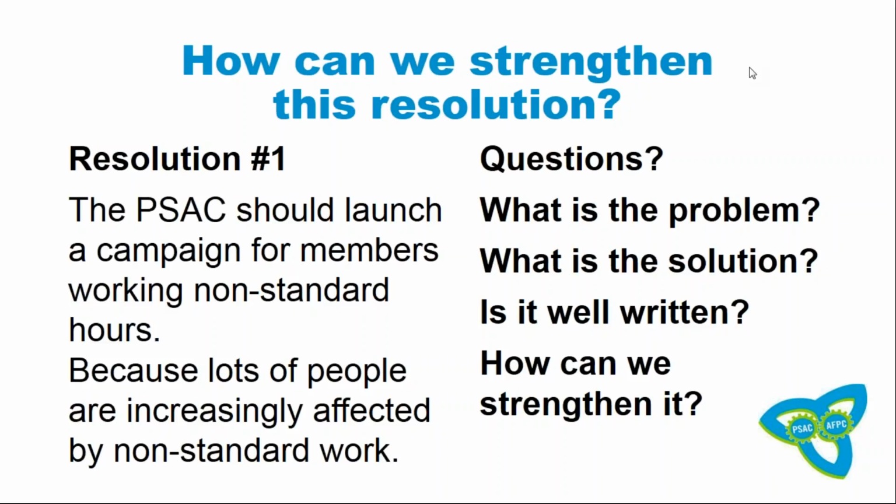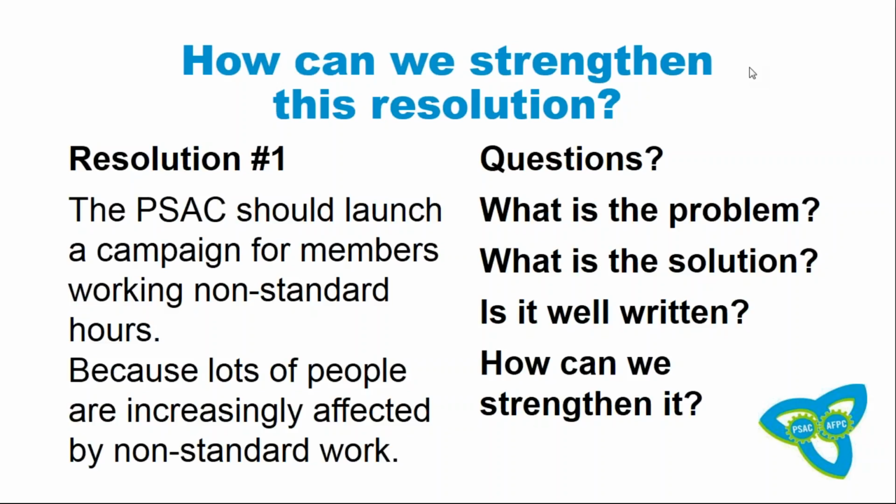Okay, great. So far we've identified that the problem is people being negatively affected by precarious forms of work. So that's what we have so far. And yeah, I can definitely see that.